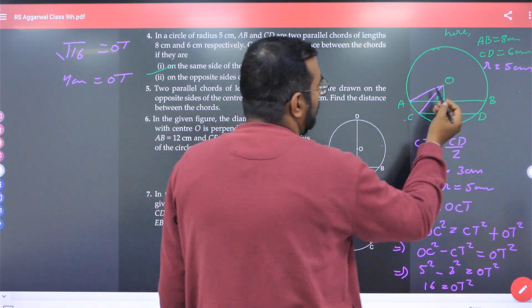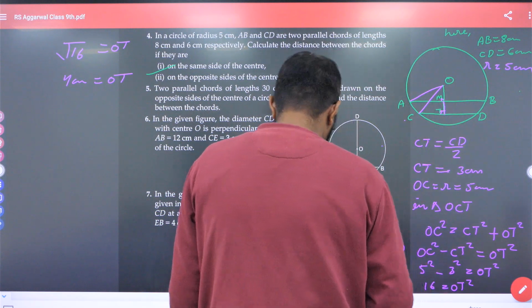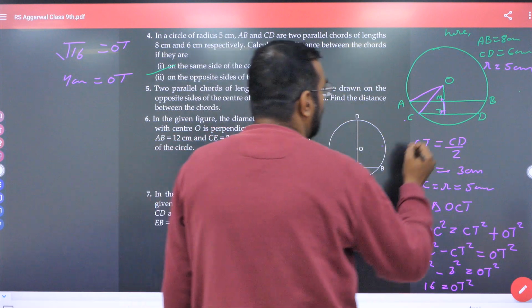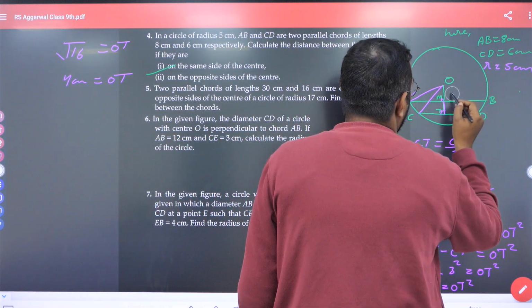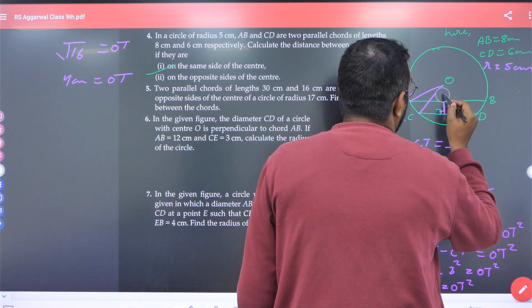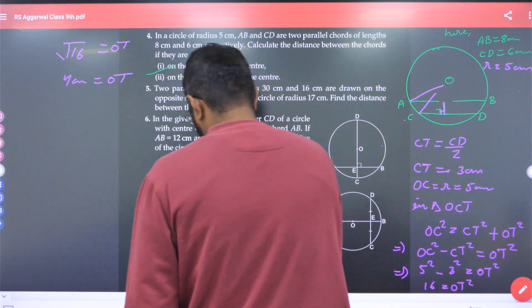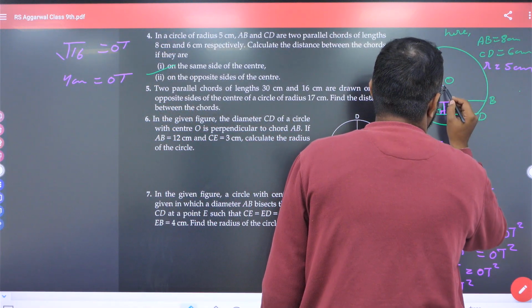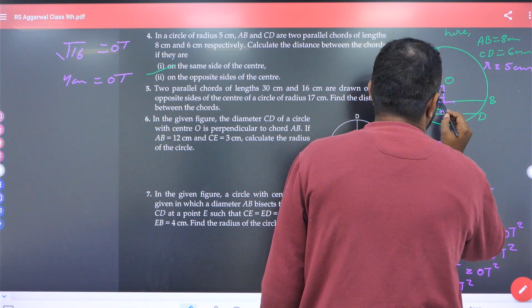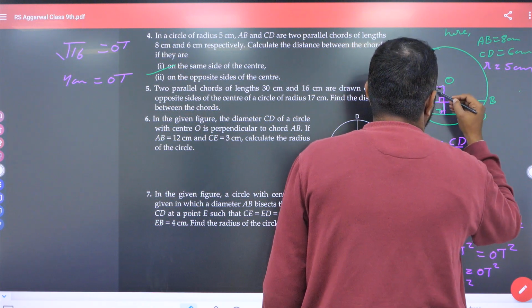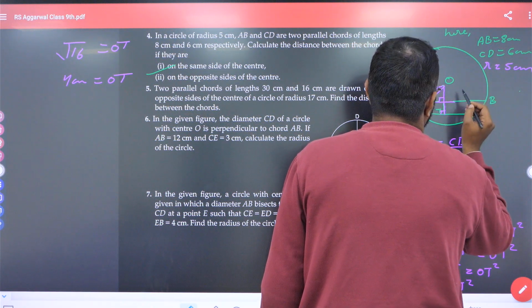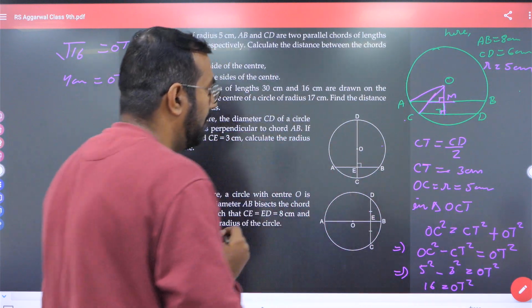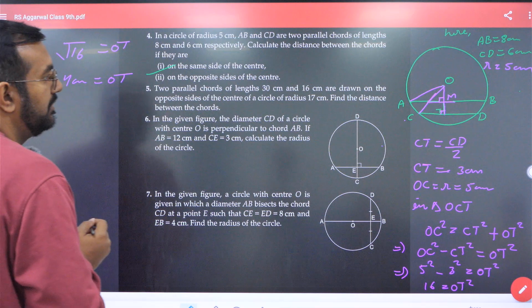Now you can see that OAM is a right angle triangle. Okay, OAM is a right angle triangle.